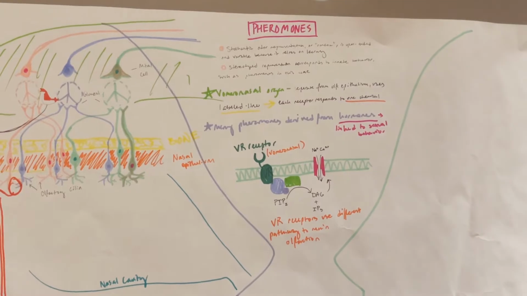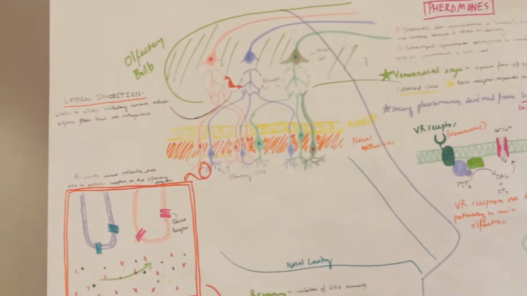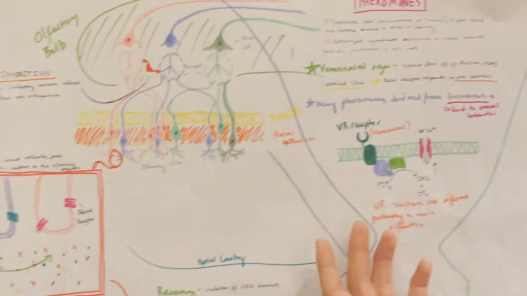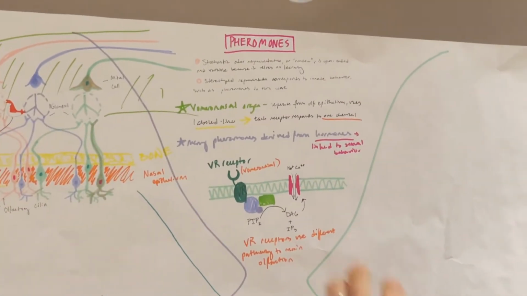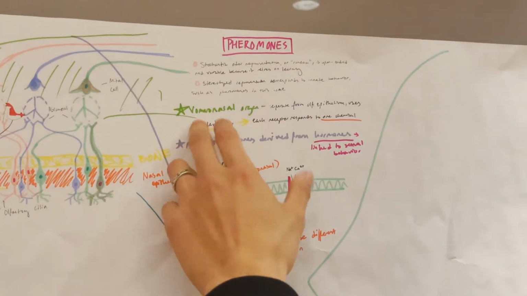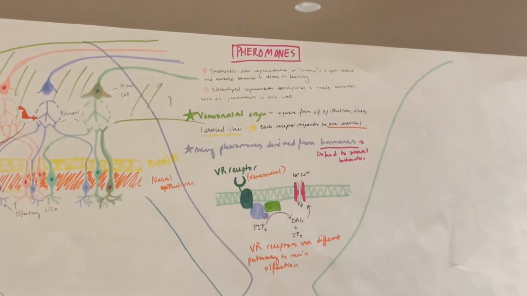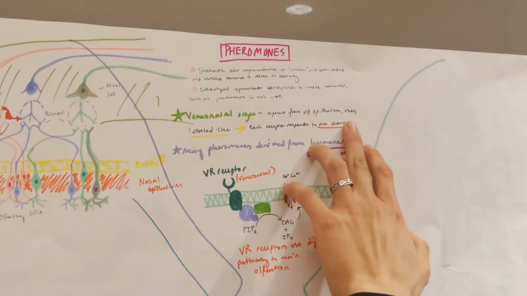The labeled line system involves something called, bear with me, the vomeronasal organ, and that's separate from the olfactory epithelium.